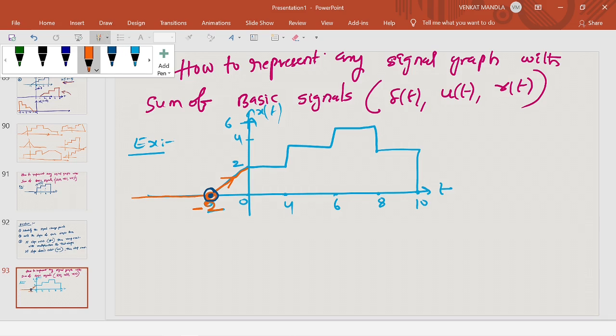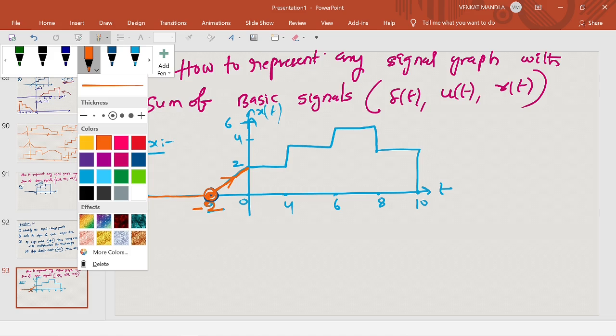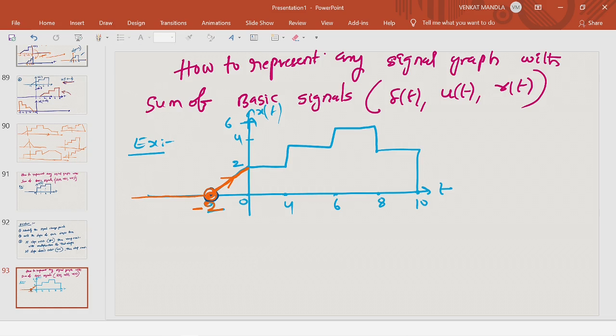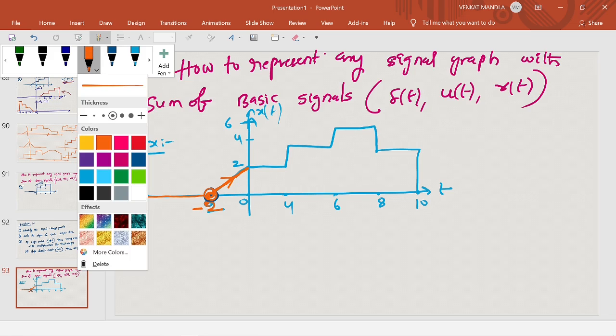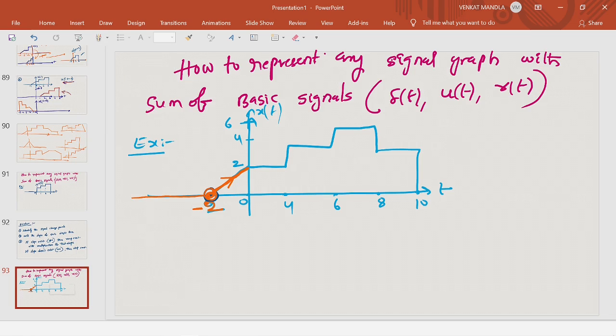Next, from minus 2 to 0 it is a straight line, but exactly at t equal to 0, it changes to this horizontal line. So this is the signal changing point, the signal is changed.